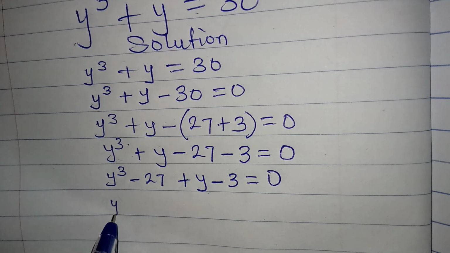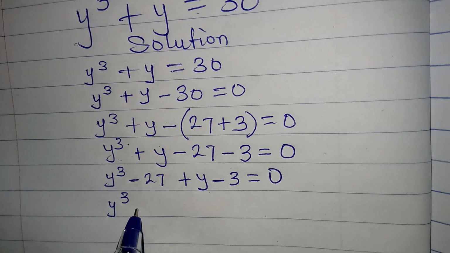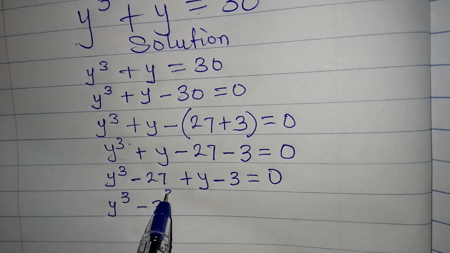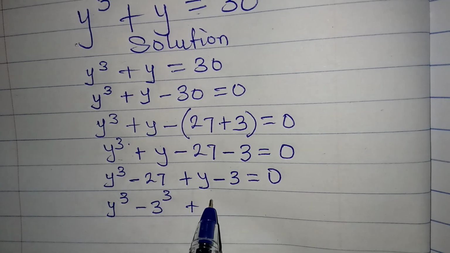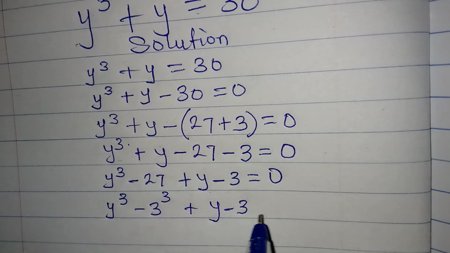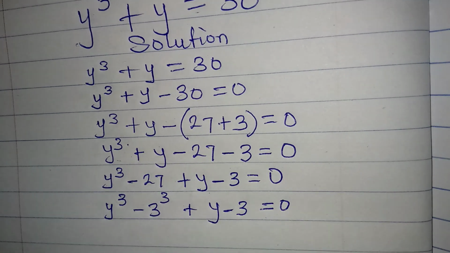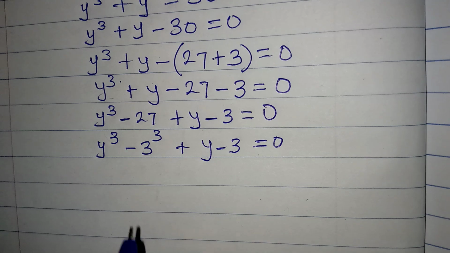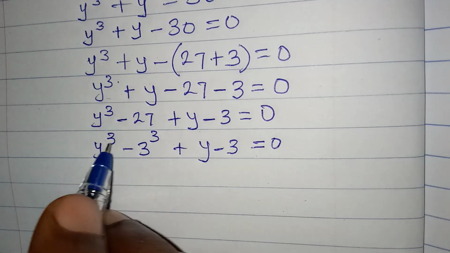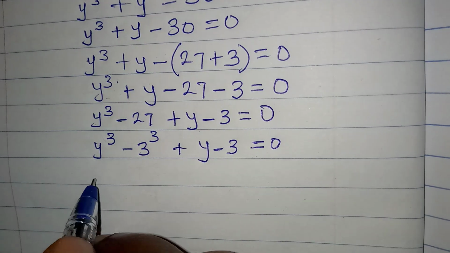Okay, so we have y to the power of 3 minus 3 to the power of 3 plus y minus 3 equals 0. Now the next thing is for me to deal with the ones that have exponents here.